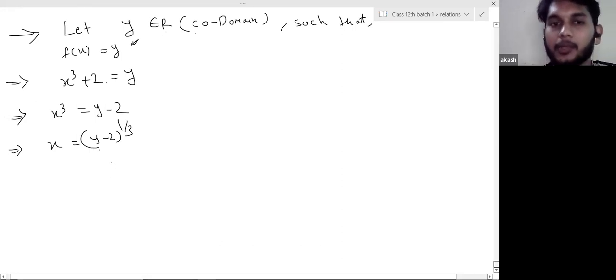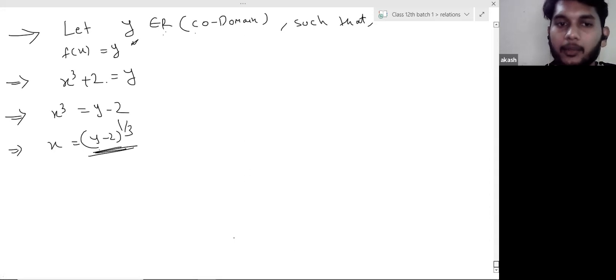Now this step is very crucial. You have to observe that no matter what value of y you put here, this result is always a real number, right? Is this clear, Ronaldo? Why is this a real number?